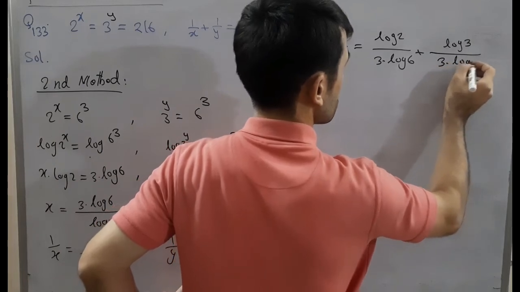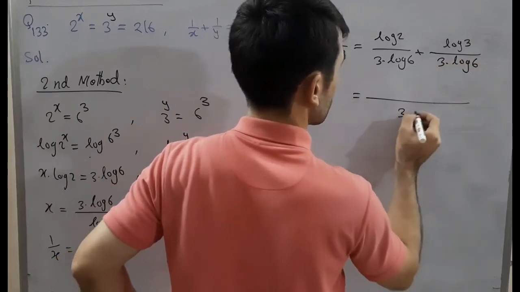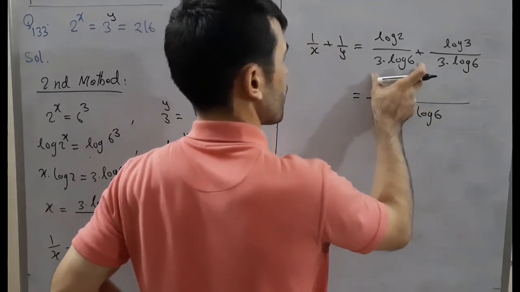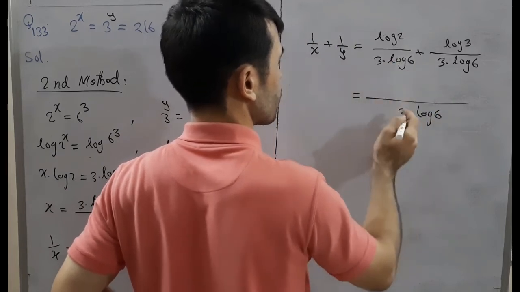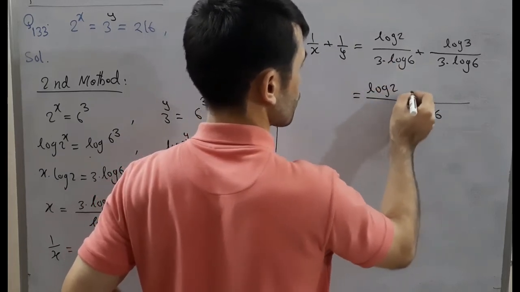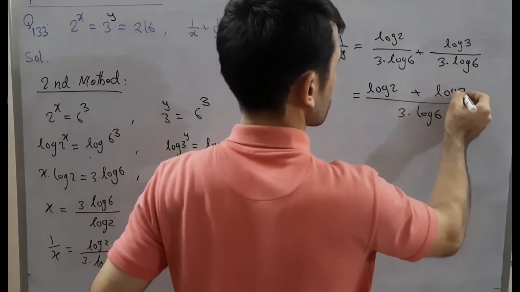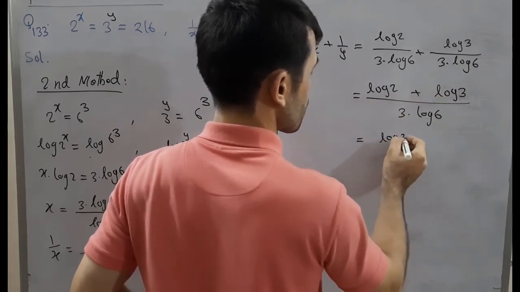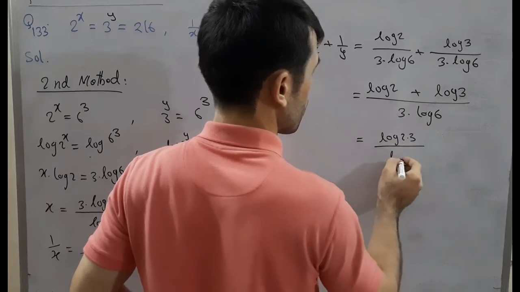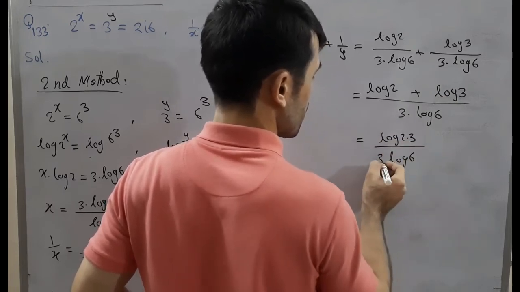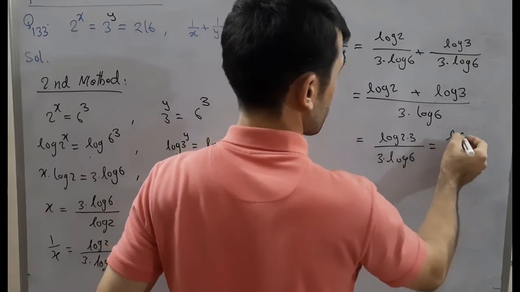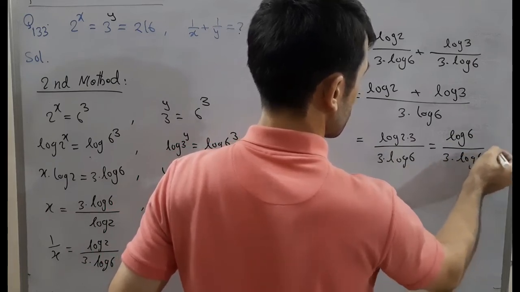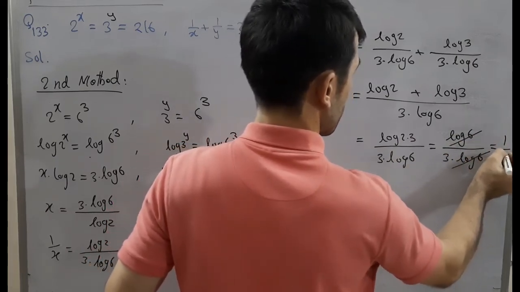Common denominator 3 into log 6, it is equal to log 2 plus log 3 over 3 into log 6. We can write log 2 multiplied by 3, which is log 6, over 3 into log 6. These two cancel. Then it is equal to 1 over 3.